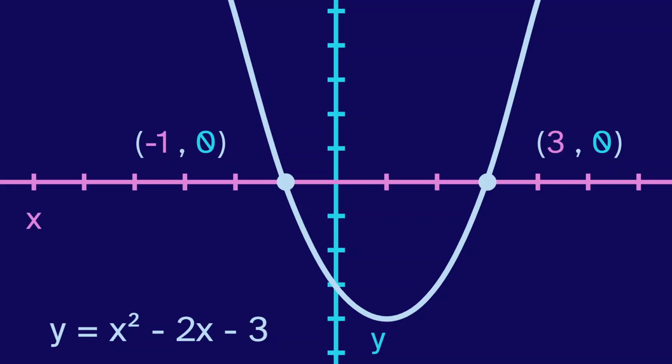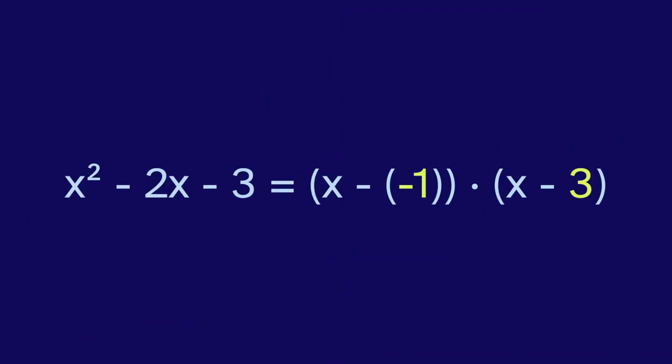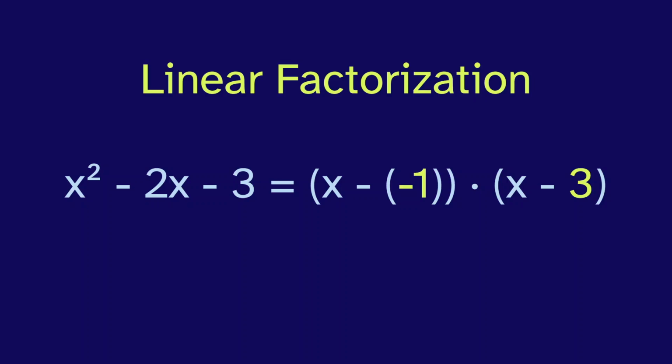And we can use these two roots to write the polynomial in a different form. x squared minus 2x minus 3 is equal to x minus -1, our first root, times x minus 3, our second root. And this form on the right is called the linear factorization of the polynomial, since both of these terms are linear. They just have x and no higher power.